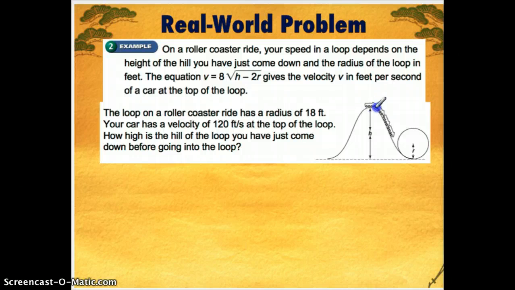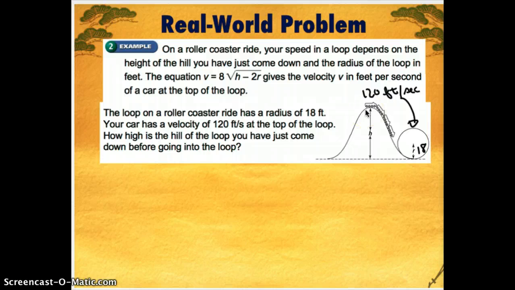The loop has a radius of 18 feet, and your car has a velocity of 120 feet per second at the top of the loop. How high is the hill you have just come down before going into the loop?